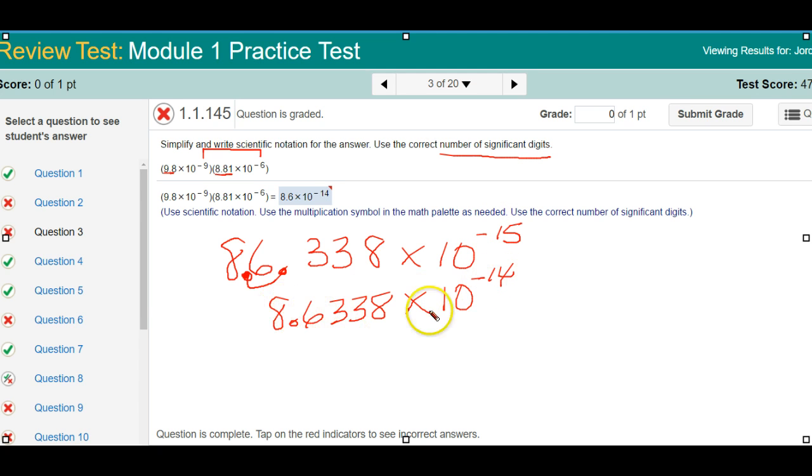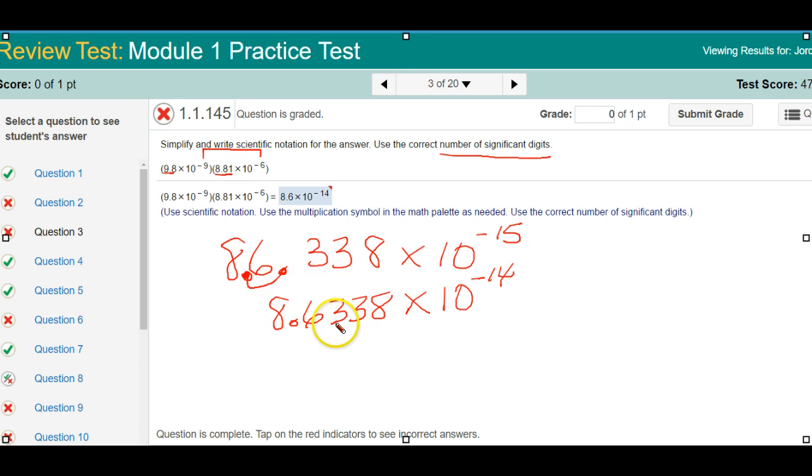Now this is scientific notation, but they're asking us to note the significant digits. And the rule is, how many significant digits do you have here? 2. How many here? 3. So it's the least number of significant digits in your answer. So we only need 2 significant digits in our answer.